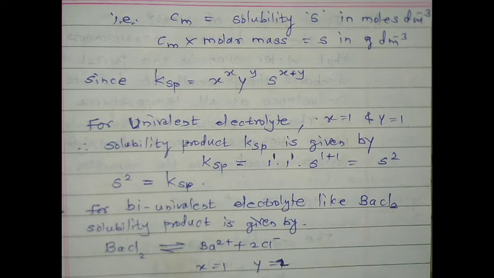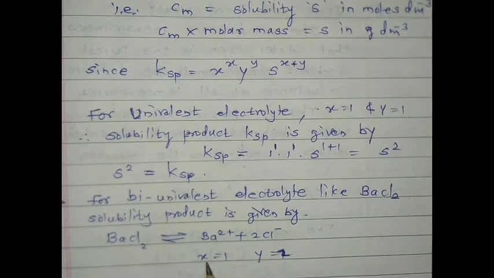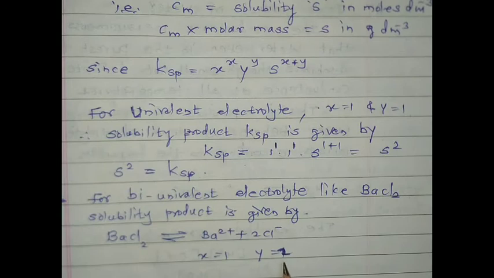So when BaCl2 dissociates, we get Ba2 plus and 2Cl minus. So here x is 1 and y equal to 2. x indicates the number of Ba2 plus ions and y indicates the number of Cl minus ions. There are 2 Cl minus ions, therefore y equal to 2, and only one Ba2 plus ion, that is x equal to 1.